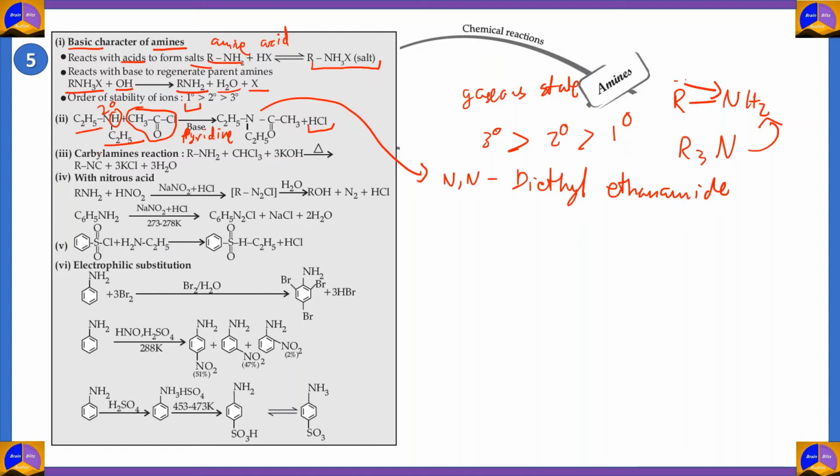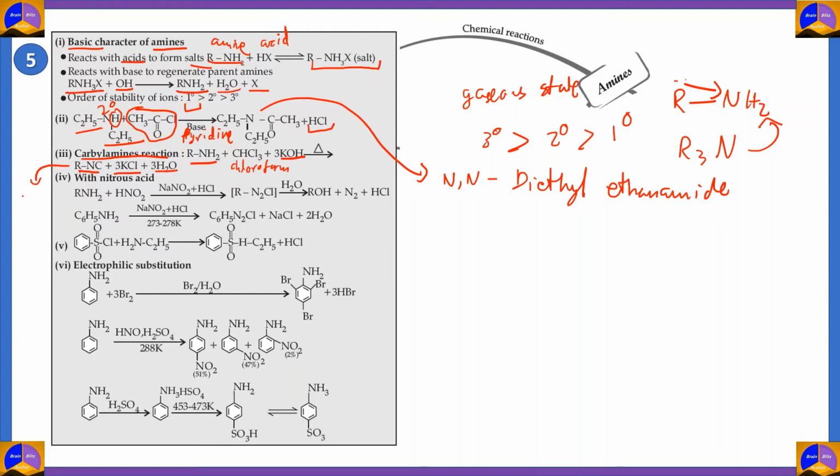Next, we move on to the carbylamine reaction. We have an amine that reacts with CHCl3, which is known as chloroform, and potassium hydroxide, KOH. This mixture is heated to form RNC plus 3KCl plus 3H2O. H2O is water, KCl is potassium chloride.